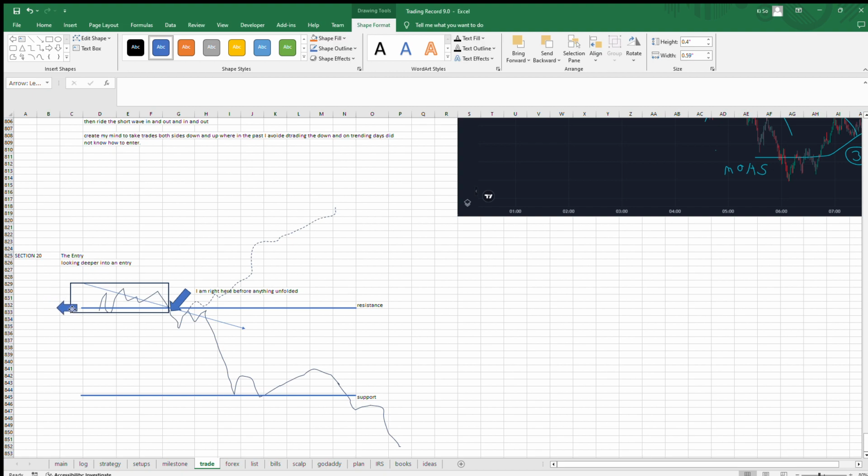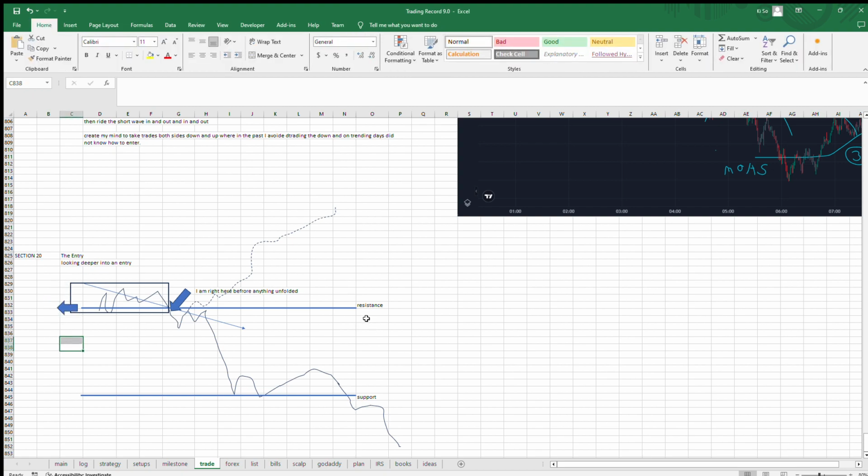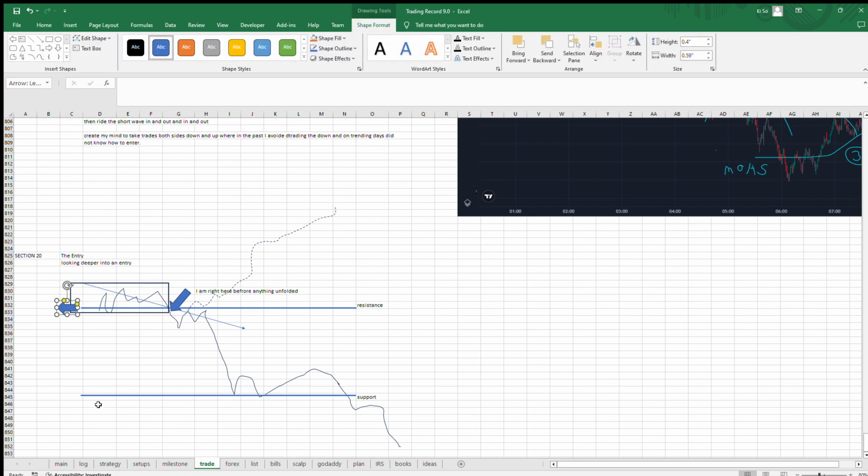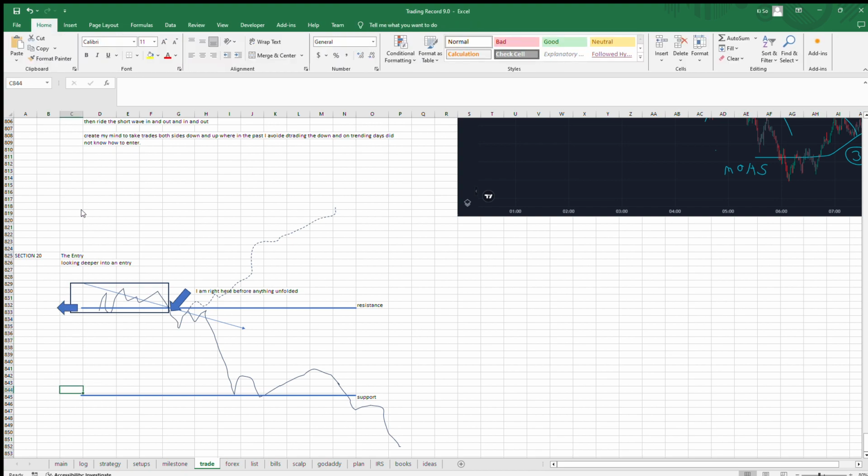So I'm looking at the information to figure out what that resistance is, and I'm also looking back to see where the support is. That way, when I enter, I need to understand that I can get out of this situation without a major pullback, a major pullback that could erase all the gains that I have.